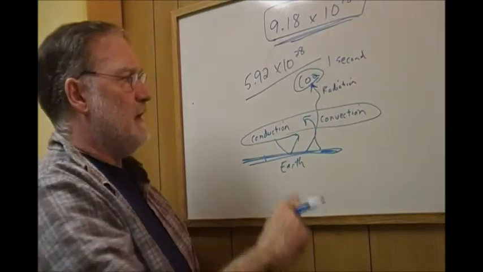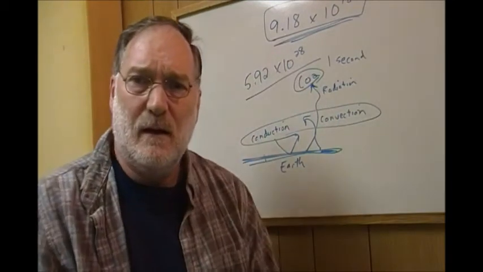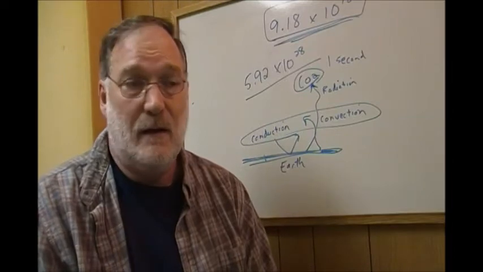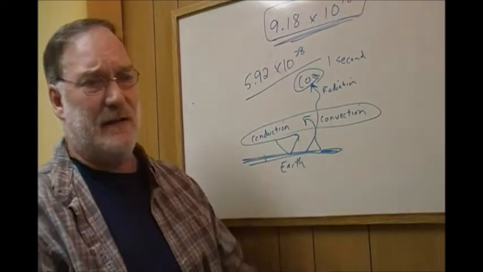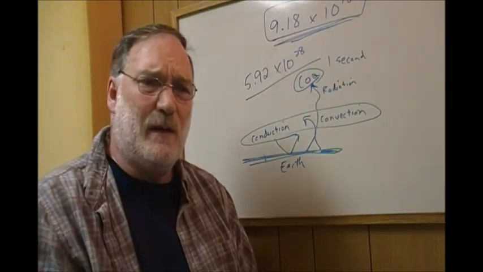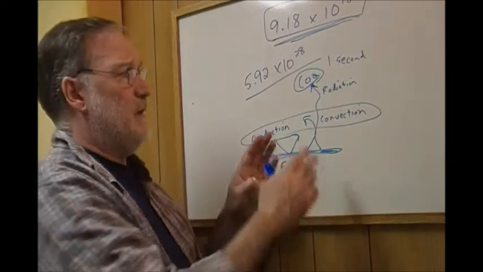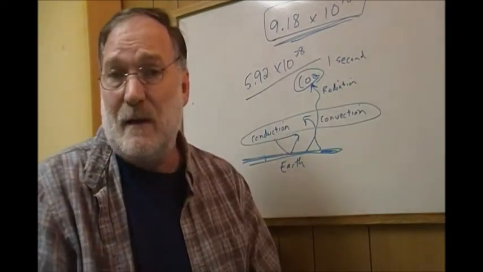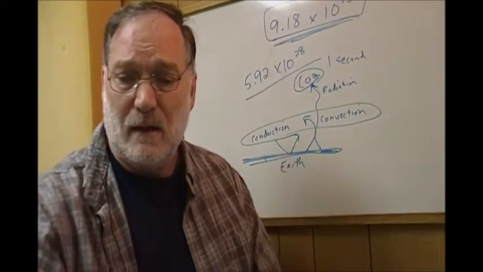And so then those molecules are going to radiate thermal radiation in a black body pattern according to their temperature. So after a few collisions like this, all the heat that was gained by the carbon dioxide molecule is going to be shared with other molecules, and the carbon dioxide molecule and the other molecules are all going to radiate at their average temperature.